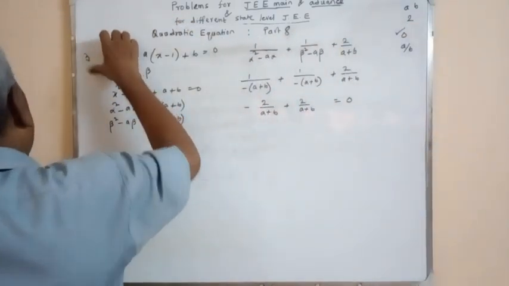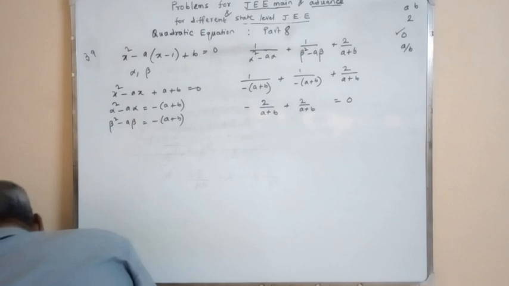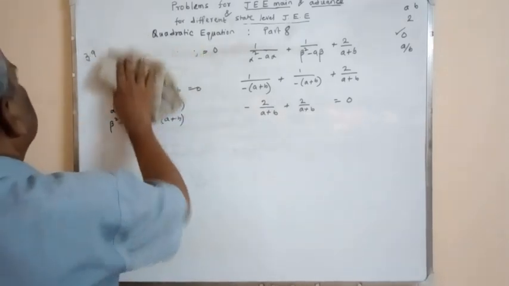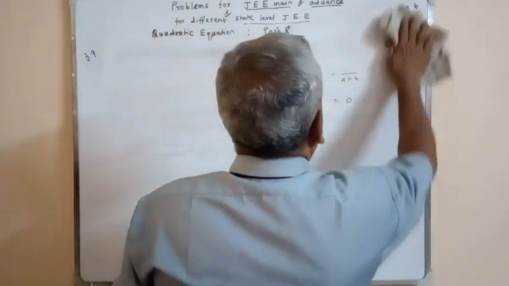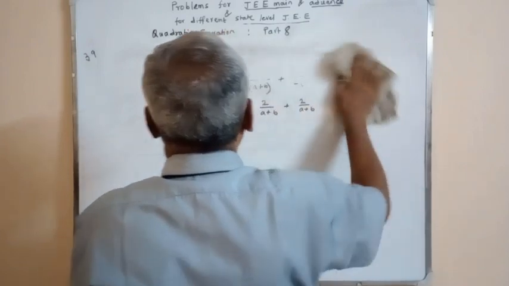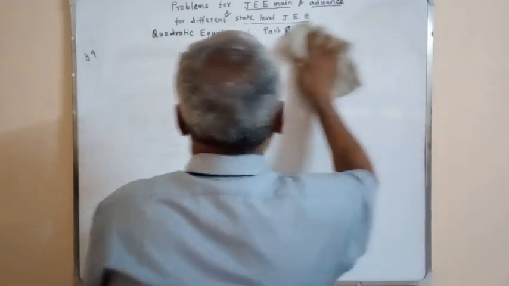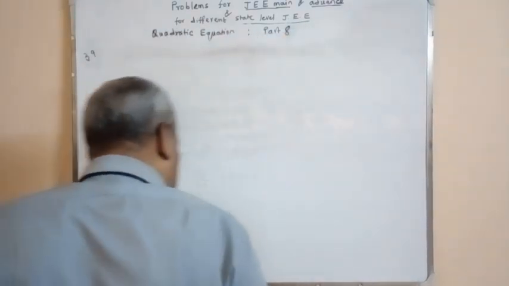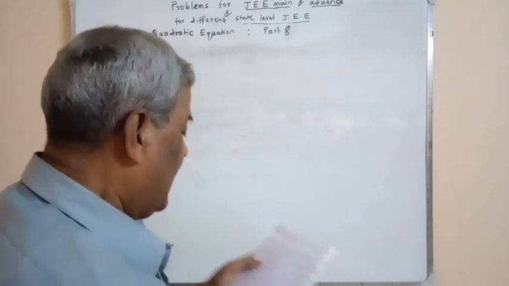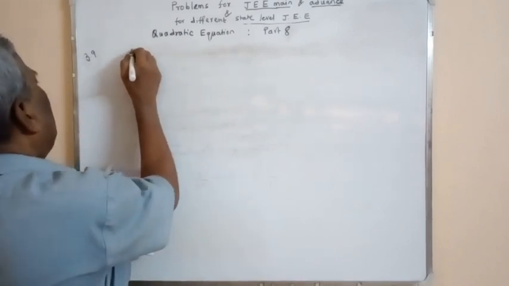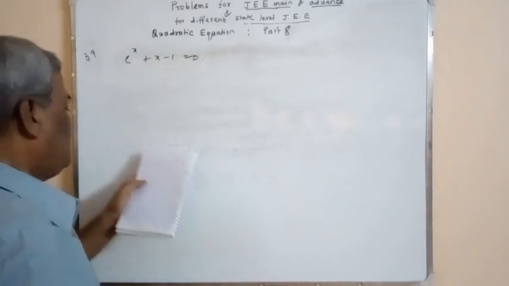Next, problem number 39. The problem is, apart from 0, the number of roots of e to the power x plus x minus 1 is equal to 0.